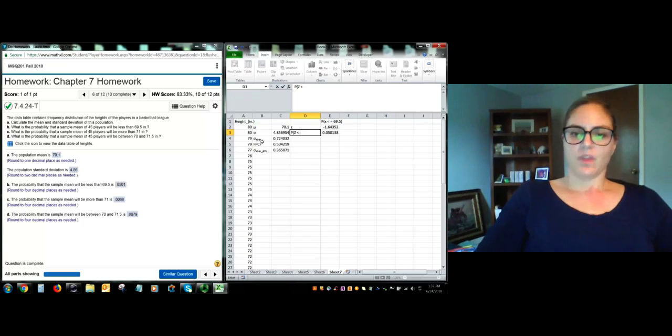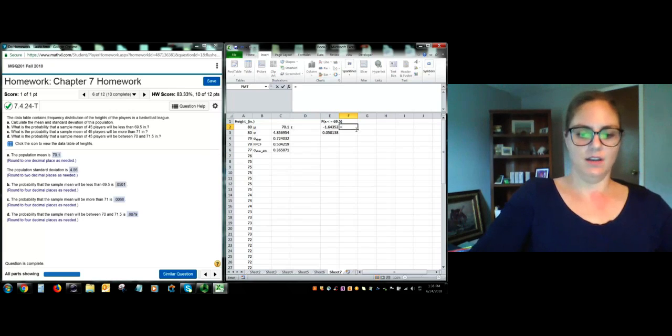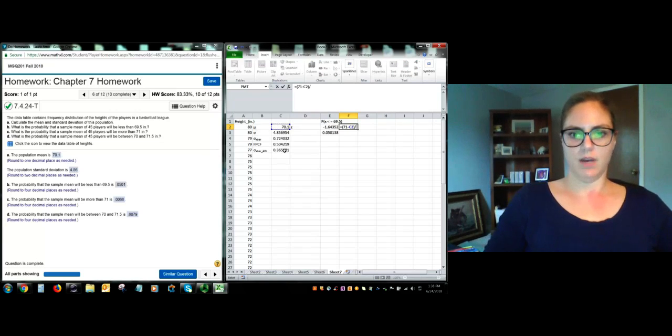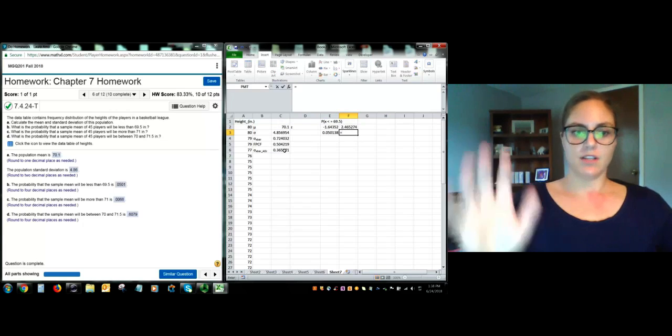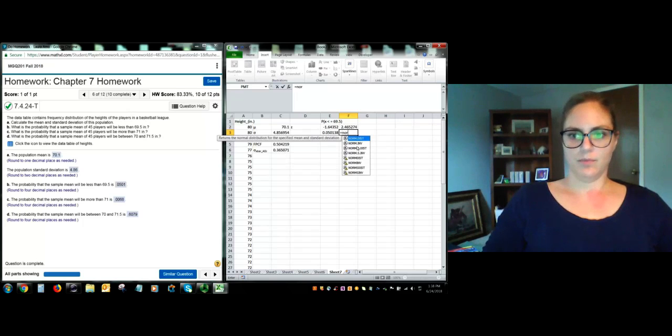I'm not going to write this out because they could want us to say what the probability of it being more than that is. So in this case, the probability of it being more than 71, let's first find the z: 71 minus 70.1 divided by the adjusted standard error of the mean. Because they're saying more than, I take the cumulative probability of that z.